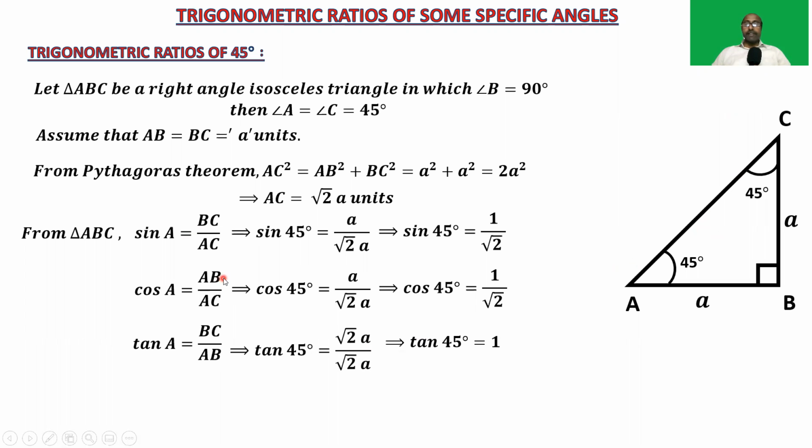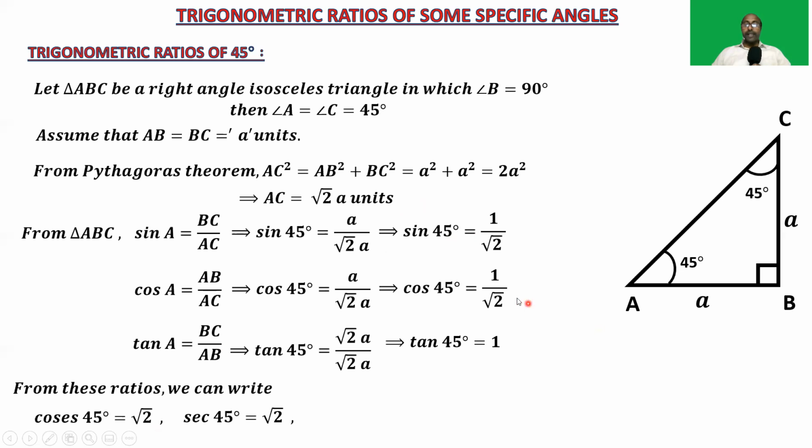And the multiplicative inverses of all these trigonometric ratios: cosec 45 equals the multiplicative inverse of sin 45, that is root 2 by 1, which equals root 2. And the multiplicative inverse of cos 45 degrees, that is sec 45 degrees, equals, again, root 2 by 1, which is root 2.